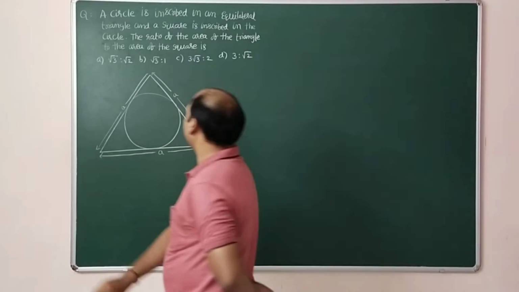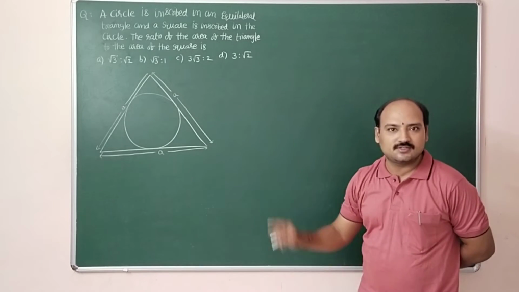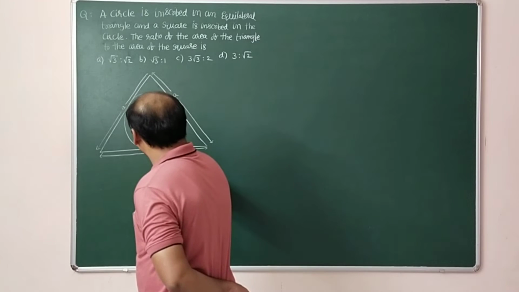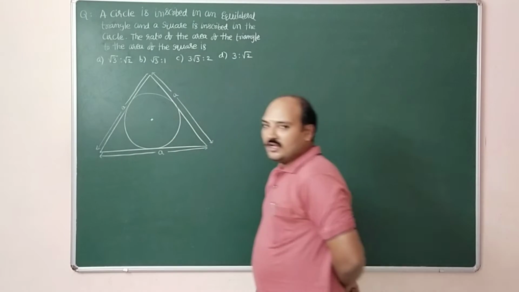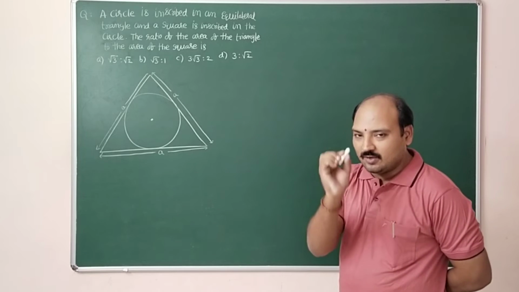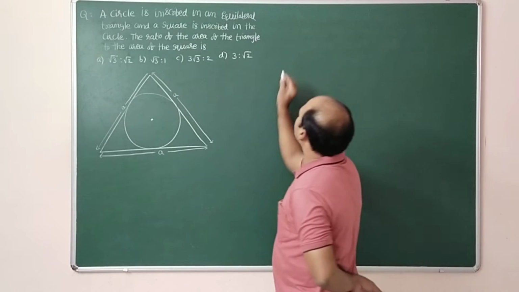Just use the rough diagram now, according to your convenience. This is the circle. This is the center of the circle. What is the area of the equilateral triangle? I am assuming that the area of the equilateral triangle is delta 1.